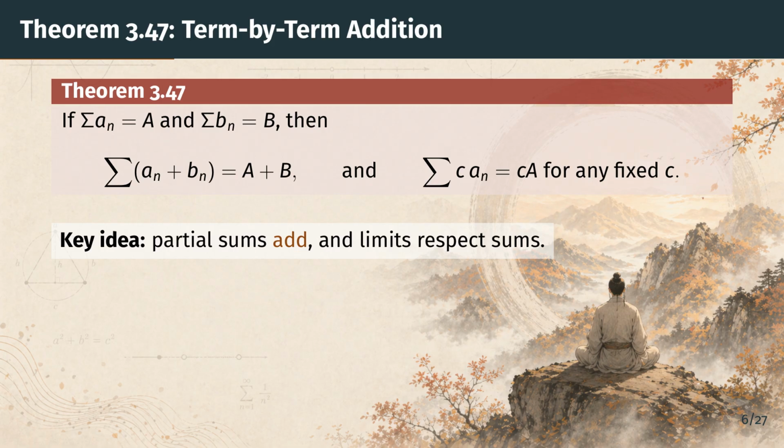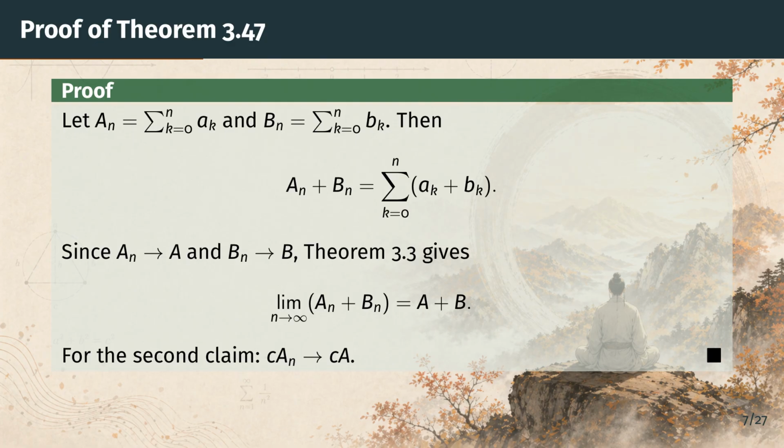Let's write out the short proof. The proof is exactly the key idea made precise. Let capital A sub n and capital B sub n denote the nth partial sums of the two series. Adding them and regrouping, the sum of the two partial sums is precisely the nth partial sum of the series of A sub k plus B sub k.